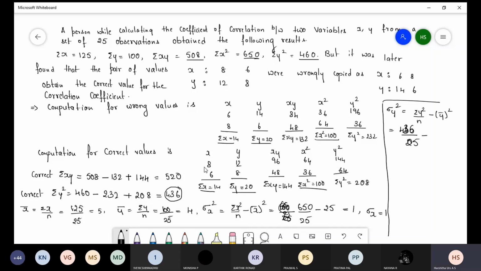Y bar value is 4. 4 square is 16. 1.44. So root of 1.44 is 1.2.